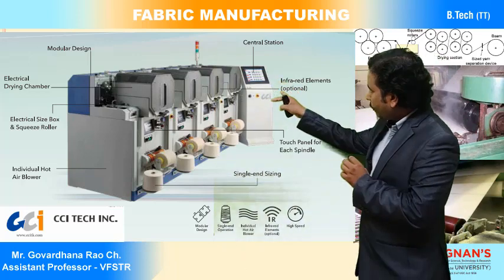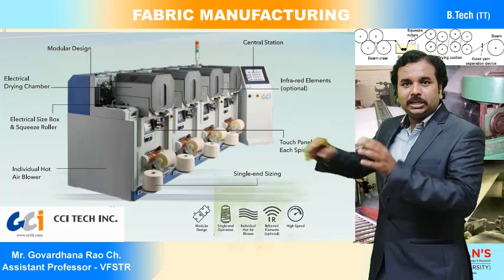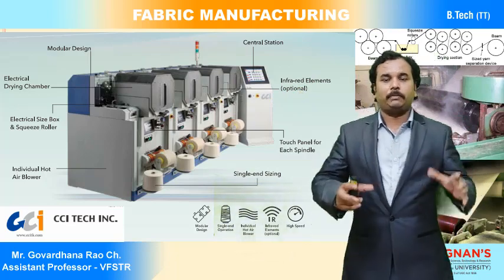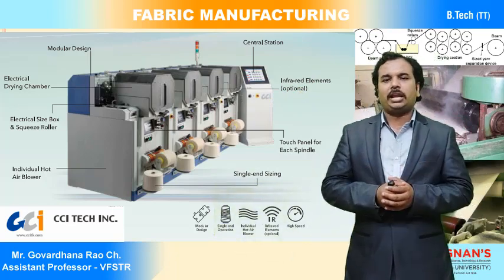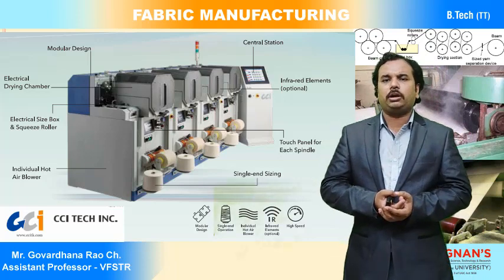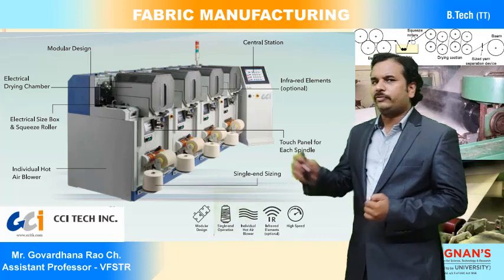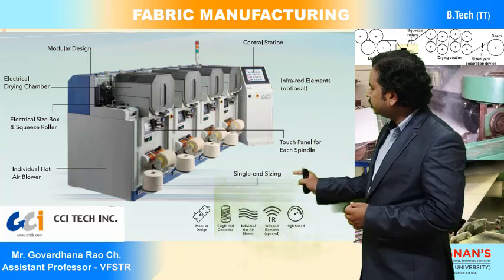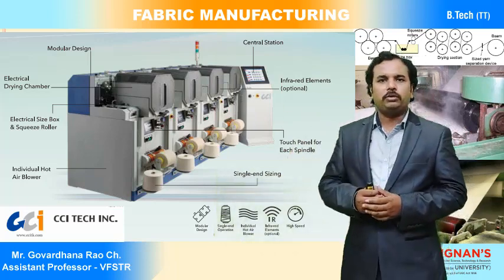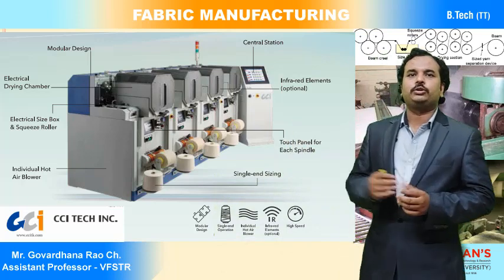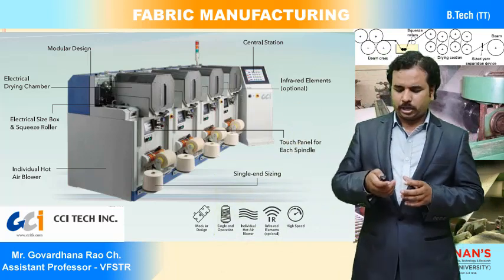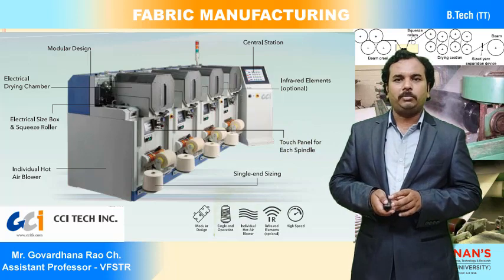The sized warp yarn then passes into the drying chamber, where we can have convection or radiation drying. After that the yarn is wound onto the cheese or cone on the machine. This is how convection and radiation drying can be done.